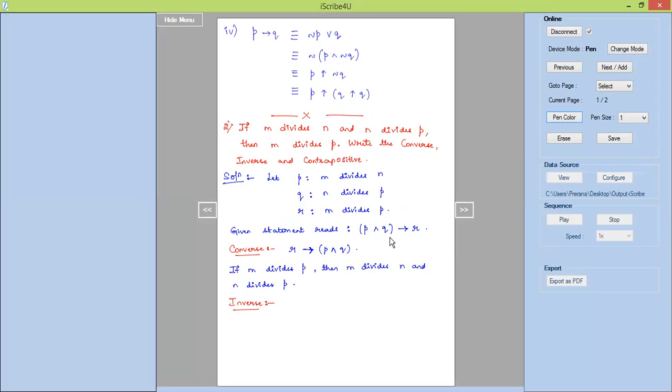The inverse of this is negation of (P and Q) conditional negation R. Assuming P and Q as capital P and R as capital Q, the statement is of the form P conditional Q, so the inverse is negation P conditional negation Q. That is why negation of (P and Q) conditional negation R has been written.